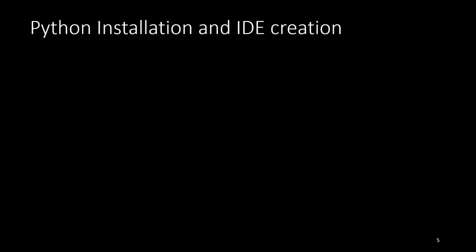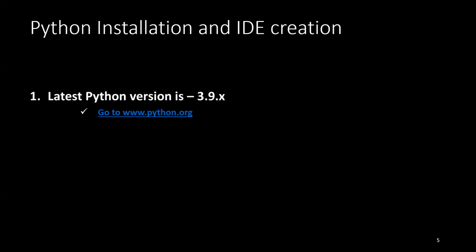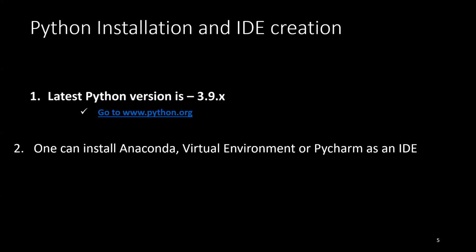If I have to install Python, I will go to python.org, and the version we should typically choose is the latest one, unless you are facing any issue that needs some attention. So you can quickly go to python.org, find the latest Python version and install it on your system.